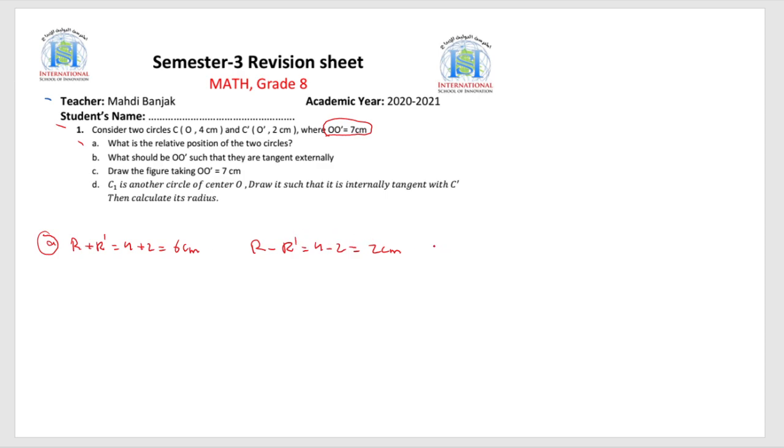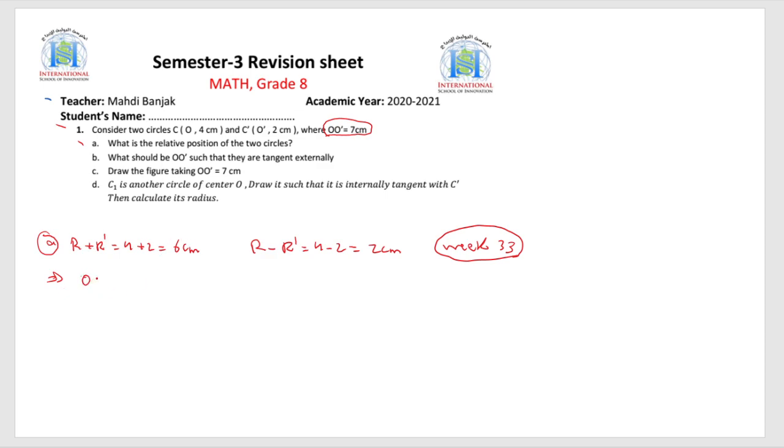Of course here you must revise week 35. In week 30, in week 33, in the circles lesson, you will find the details about the relative position of two circles. So here we realize that OO prime equals 7 centimeters, r plus r prime equals 6 centimeters.